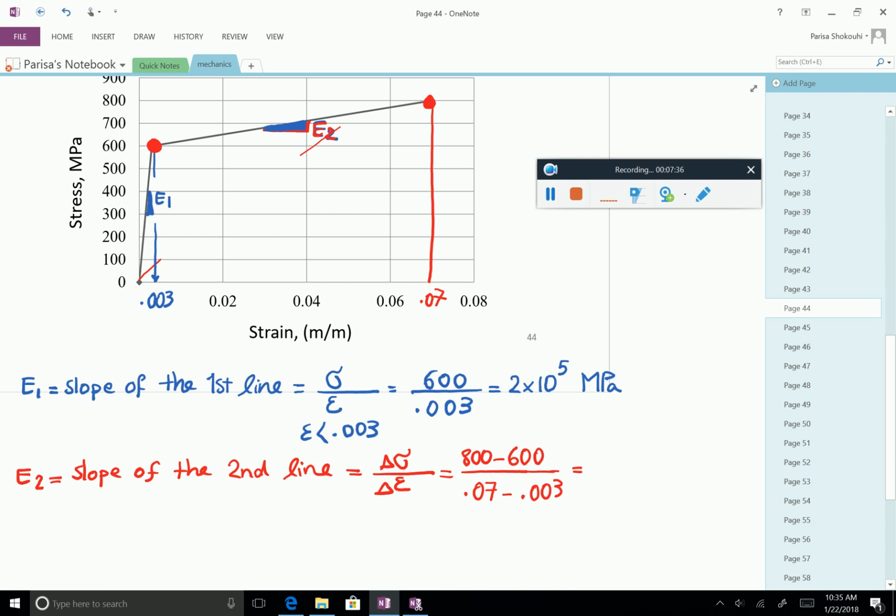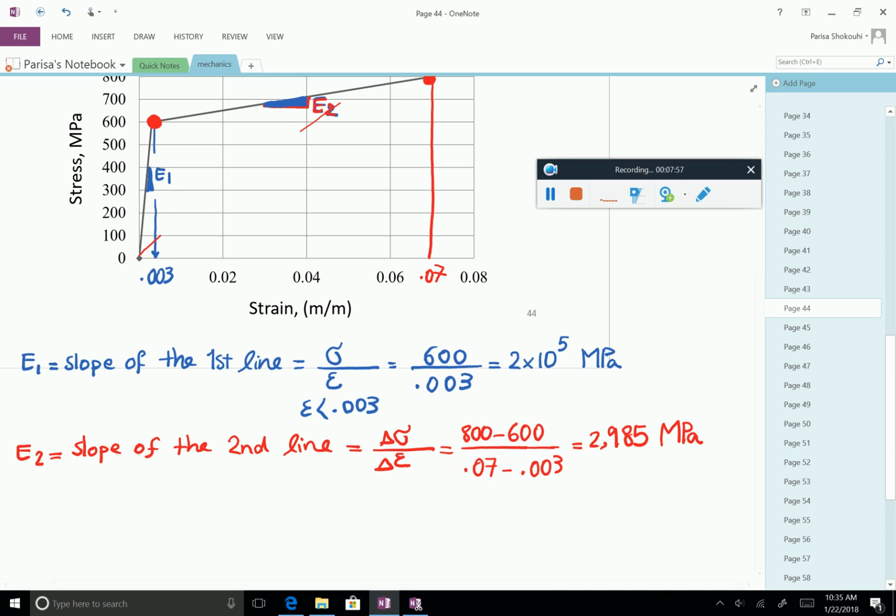If you just say sigma over epsilon, you may get something which is not E2. And this turns out to be okay.